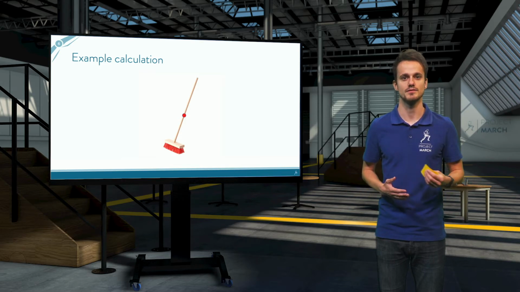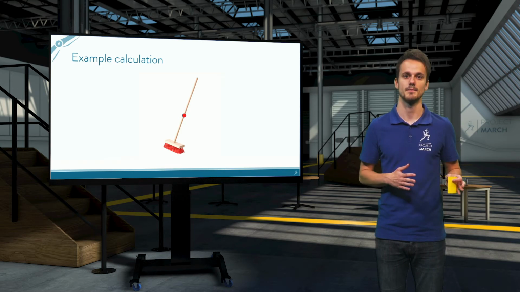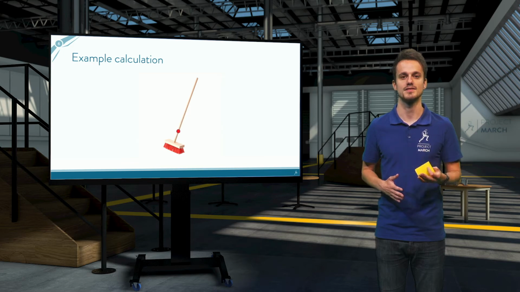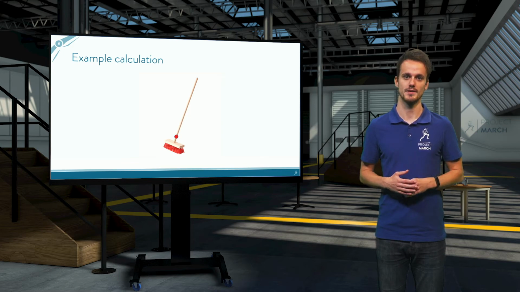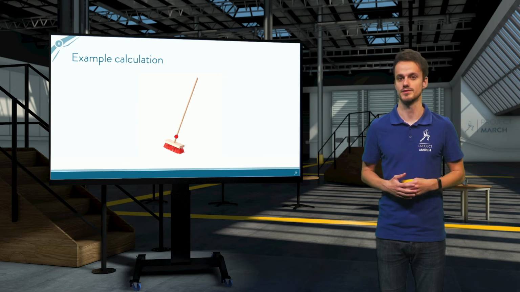This is because the mass of the broom is heavier at the side of the broom head than on the opposite side, causing the center of mass to move more towards the broom head. In physics terms, it means that the weight of the broom is not uniformly distributed throughout the object. So, it's obviously important to take the weight distribution into consideration when trying to find the center of mass.